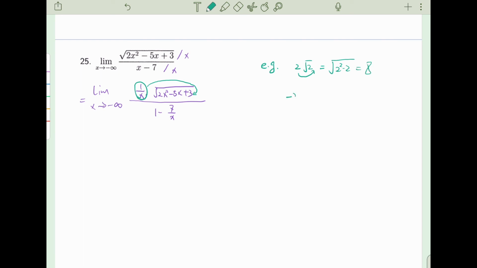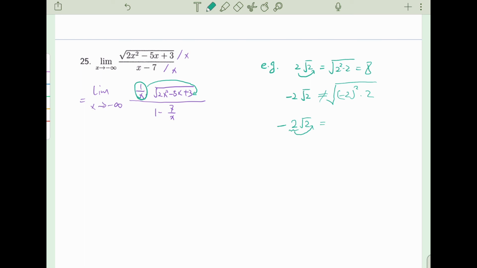However, when you have a negative number, you can't do that, right? Negative 2 square root of 2 is not equal to the square root of negative 2 squared times 2, because the left side is negative and the right side is positive. Instead, you can only let the positive part go into the square root, with the negative sign left outside of the square root.